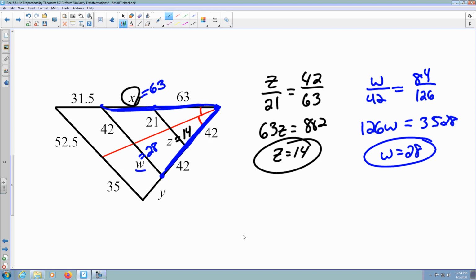And the last variable I'm looking for is y.